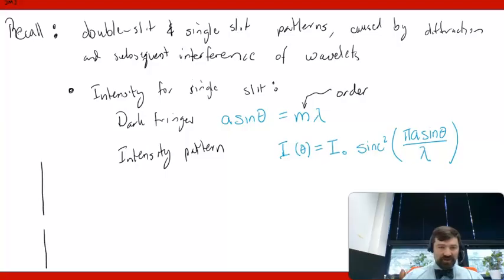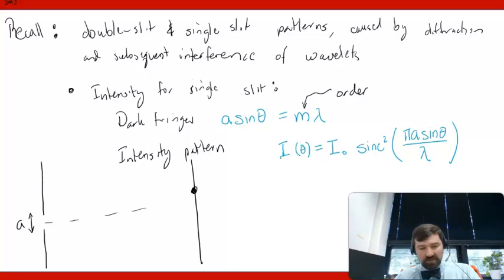And again, that goes with the geometry such that you have a single slit of width a, and you are projecting this onto a screen, somewhere far away, such that this right here defines your angle theta. This is perpendicular.